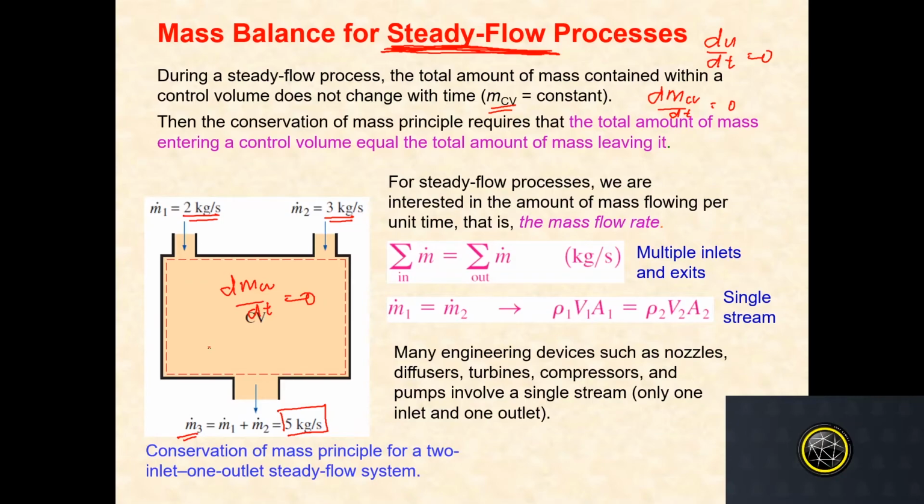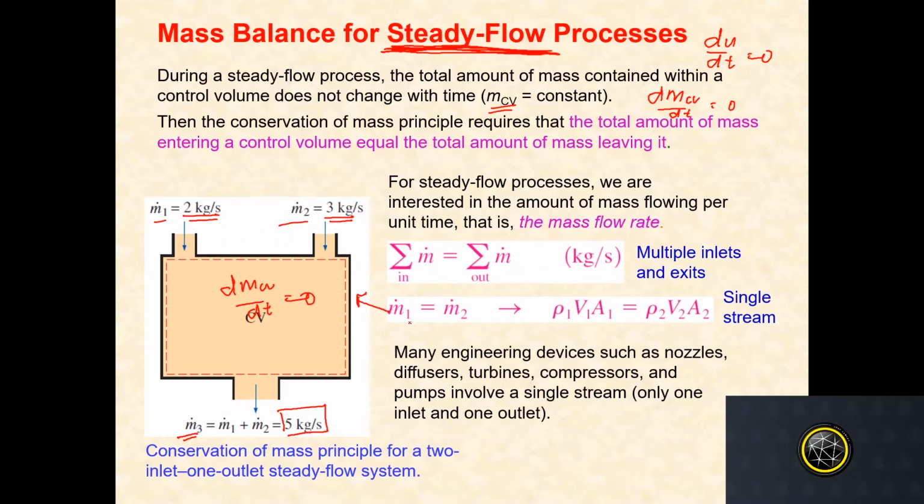Unless it is not equal to 0, the mass that comes in is not equal to the mass that goes out. Basically, the mass flow rate m1 here is not really representing this figure; it is like the one labeled 1, 2 and 3.